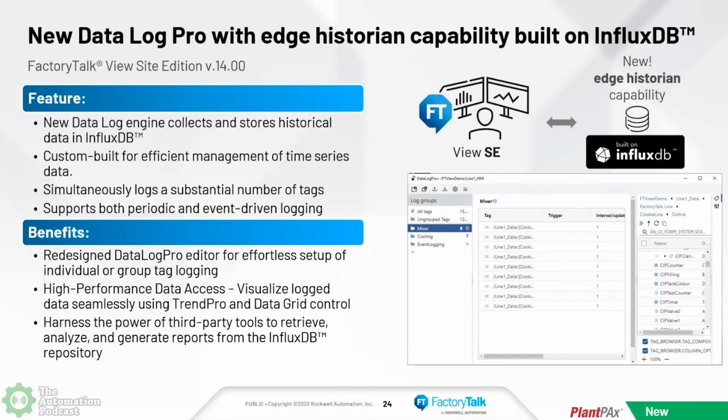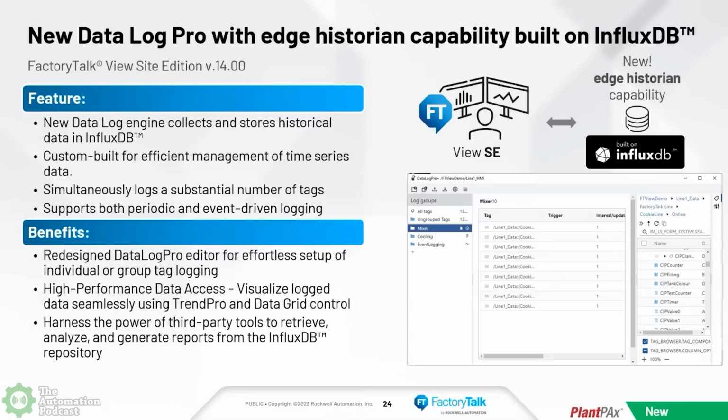Right. The next one I want to spend some time on with you, and you might have a lot of questions for me on this one. But this is basically the feature that took center stage for this release. So this is a new Datalog Pro with edge historian capabilities built on Influx.